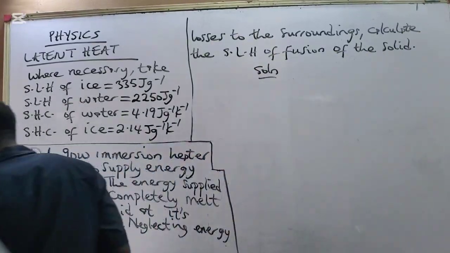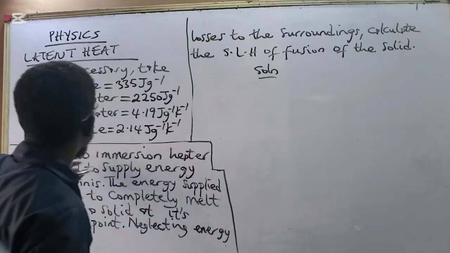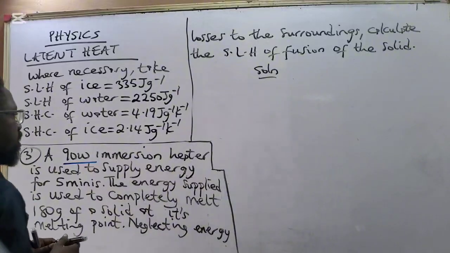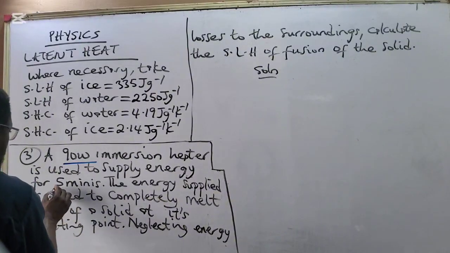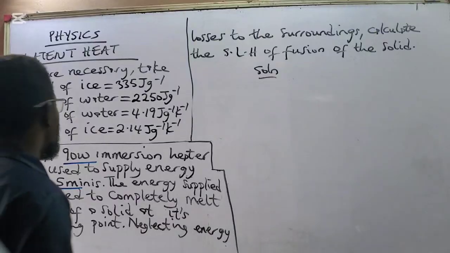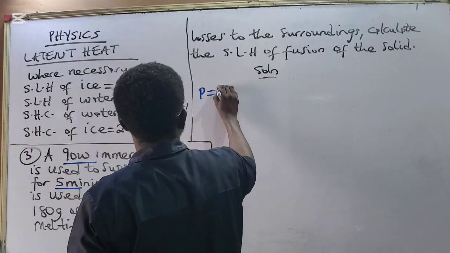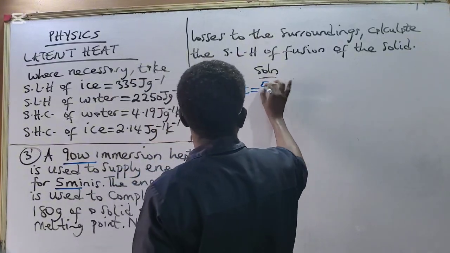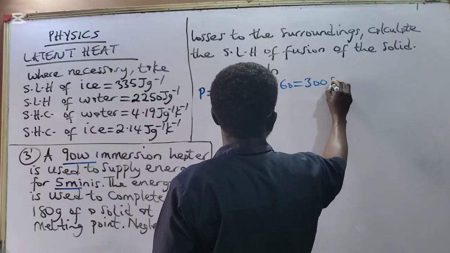Okay, let's take a look at that question. It says a 90 watts immersion heater is used to supply energy for 5 minutes. So that is 90 times 5 minutes, converted to seconds, which is 300 seconds.